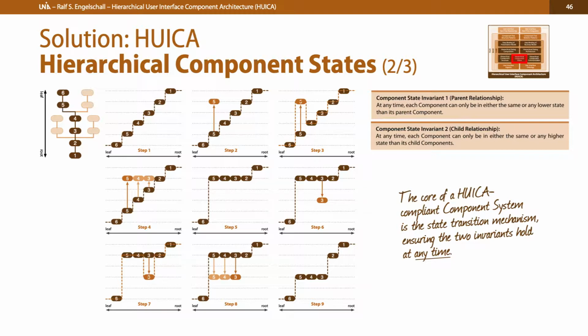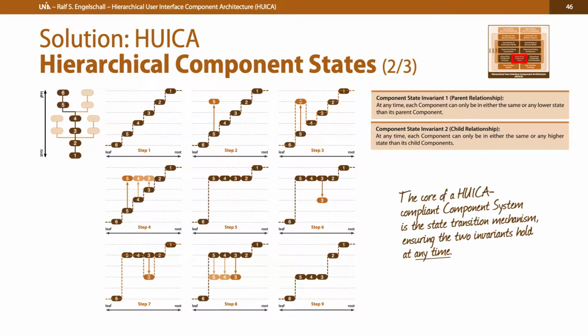This would actually mean that in step 3 component 5 reached a situation where its parent components 4 and 3 are at a lower state. This is not allowed because the invariant says that at any time each component can only be in either the same or any lower state than its parent component.